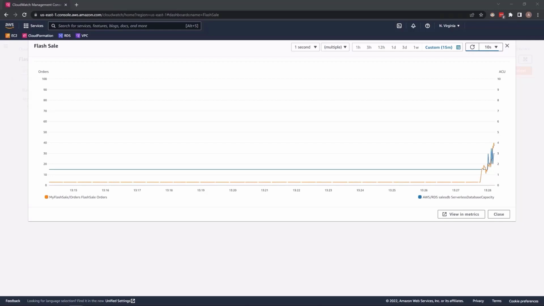So the ACUs are responding immediately so as to give enough CPU and memory capacity for that workload. And now, because we don't have a ton of time to actually wait several minutes for this demo to finish, I am going to fast forward this clip.